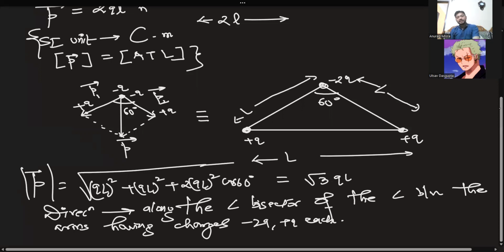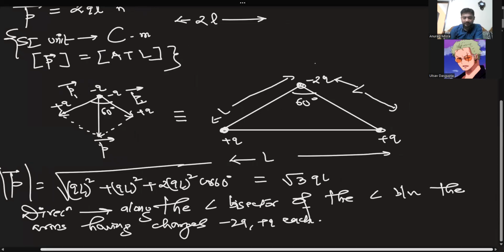So ultimately this system is also like a dipole, and its resultant dipole moment is P. Now if we look at this carefully, the dipole moment comes to √3 times qL, but here the total negative charge was 2q and the total positive charge was 2q. So I can write it as √3/2 into L into 2q.